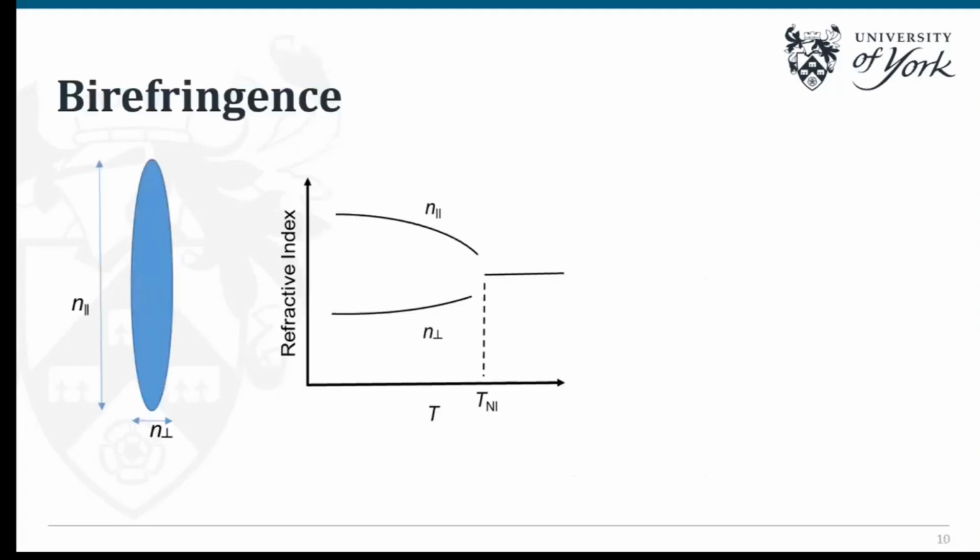One of the most important things about liquid crystal molecules is the fact that they're anisotropic. It gives rise to the phase itself, and this also gives rise to the properties of the phase, with one of them being birefringence.